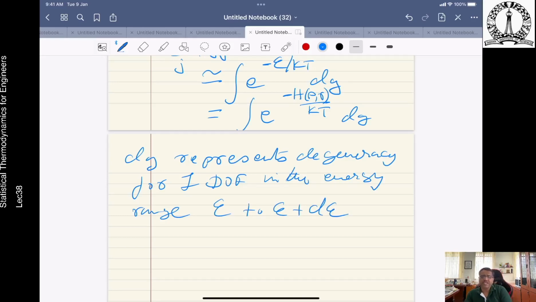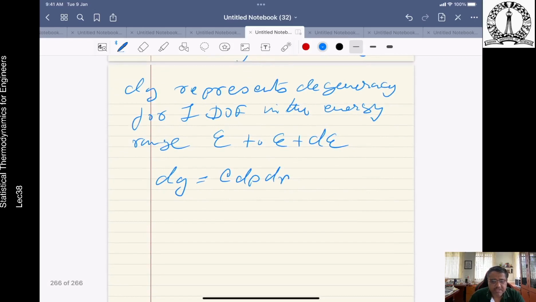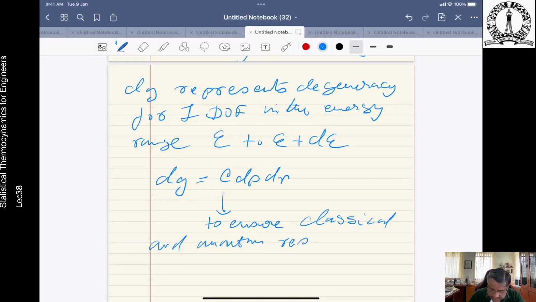Because the classical energy can always be portrayed with the phase space, we assume that the quantum counterpart to the differential degeneracy of one momentum coordinate to the other can now be expressed as C dp dr, where C is a constant to ensure the quantum results agree with the classical limit.